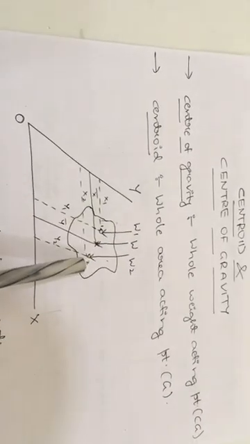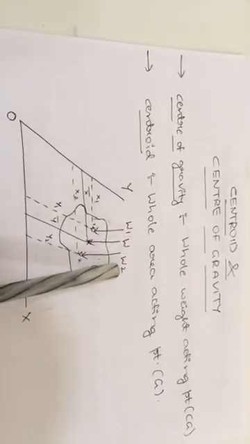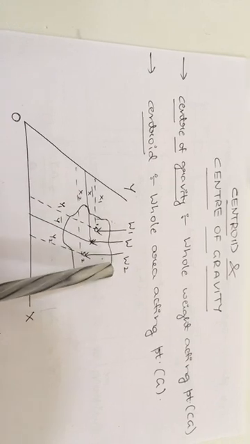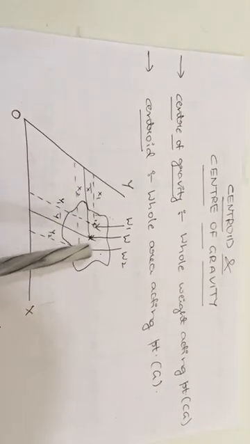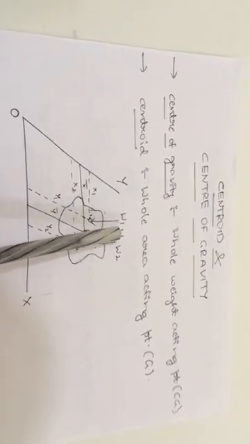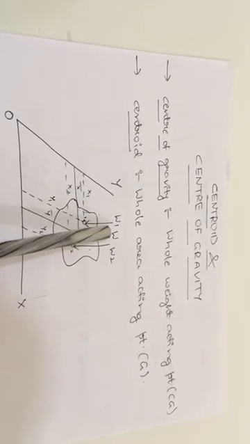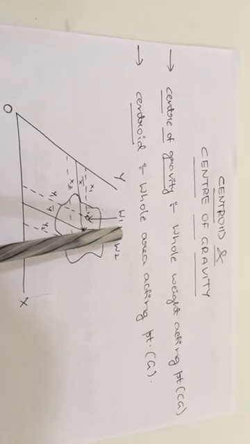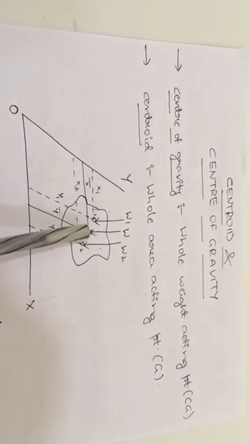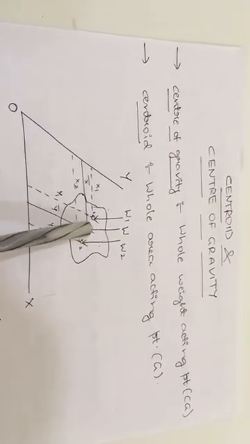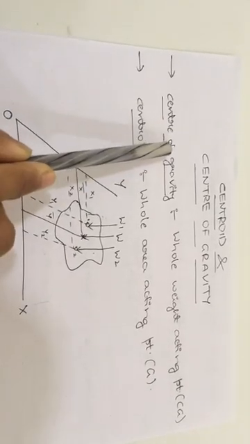W1 and W2 are the gravitational forces of these two particles. The resultant of these two is the total resultant force, which is the gravitational force or weight of this complete rigid body. That total weight is acting at this point, which is our center of gravity point.